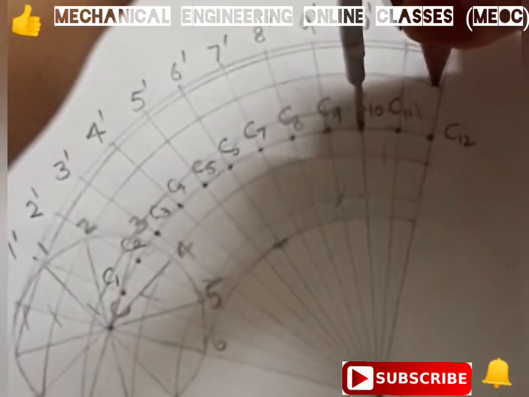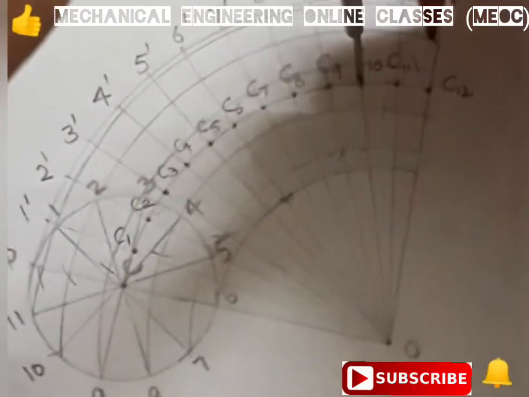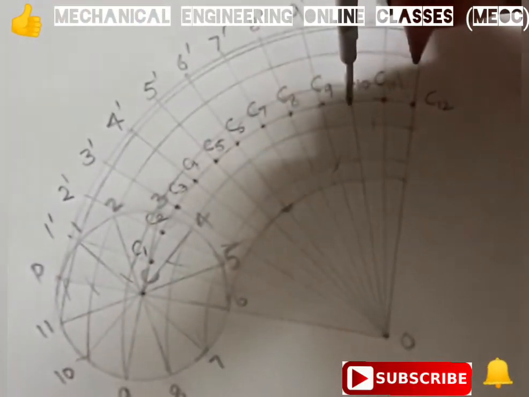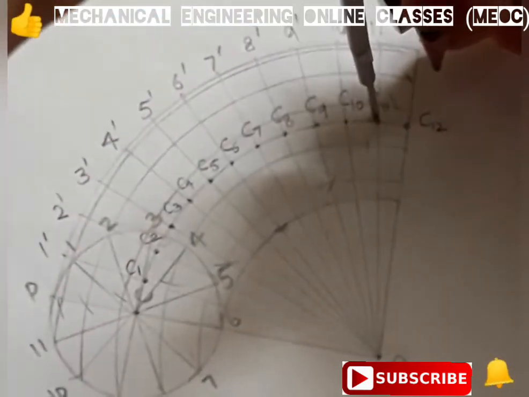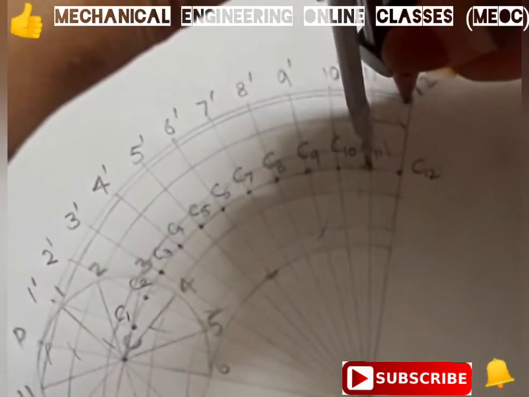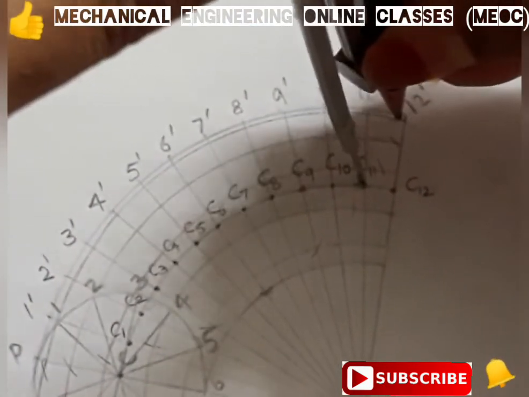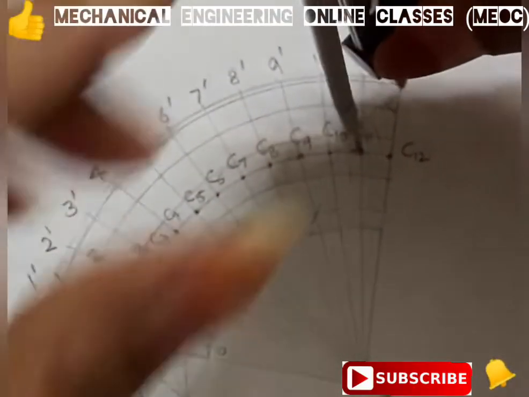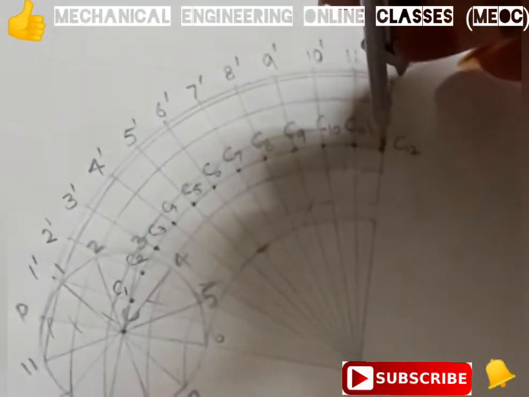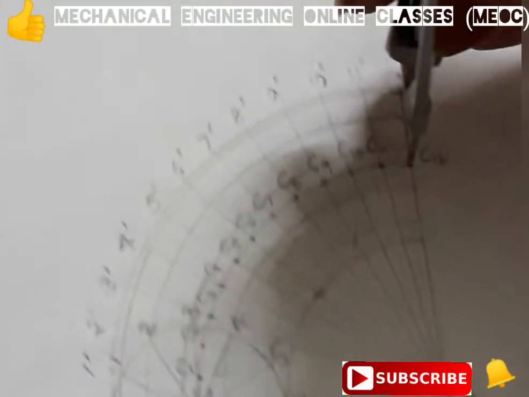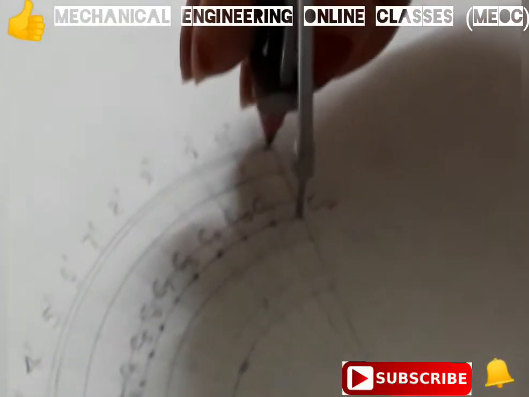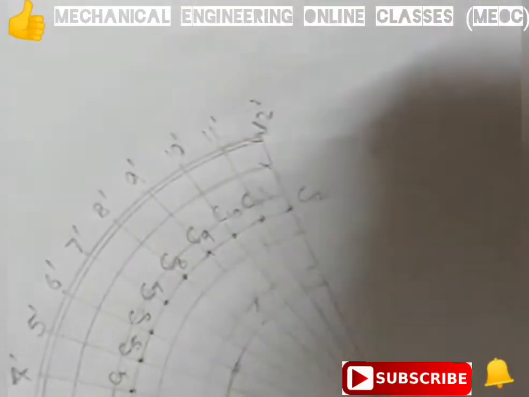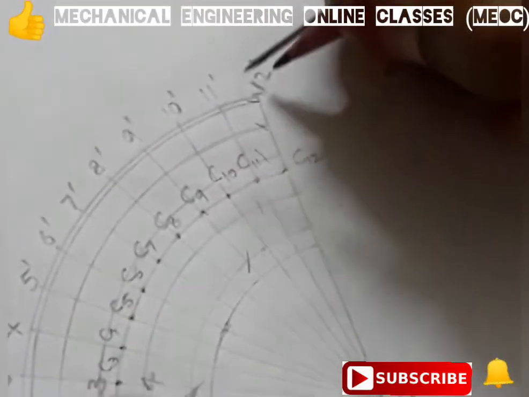Draw an arc on the very immediate arc. Now C11 as center. I am cutting an arc on the 11, 1 arc. Now C12 as center. I am drawing another arc which is the point which will be on the point 12 dash itself.